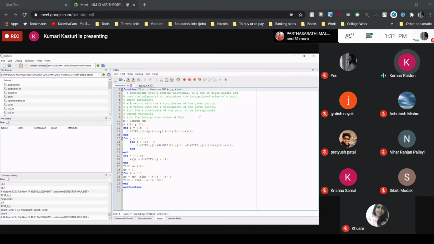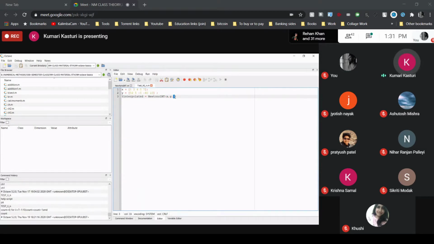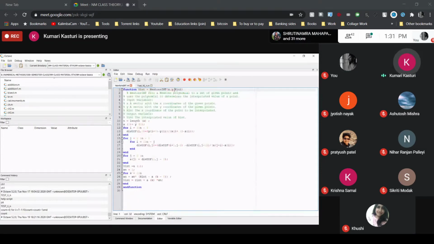In the Lagrange also we wrote the code for this particular question. Then as per the assignment you have to make the needed changes in the code. You have to do that in this question also. So please listen carefully. This x and y is the x and y given as input. x_int means here you have mentioned 3, so 3 will become x_int.